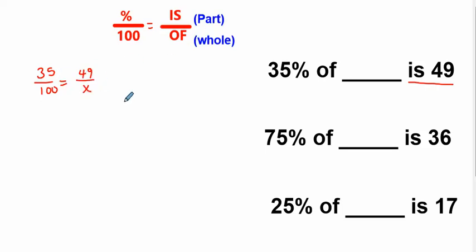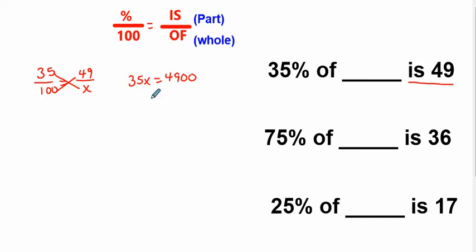Okay. All right, so we're going to cross multiply. 35 times x is 35x equals 100 times 49 is 4,900. Okay, we're going to solve for x. Opposite of multiplying by 35 is to divide by 35.